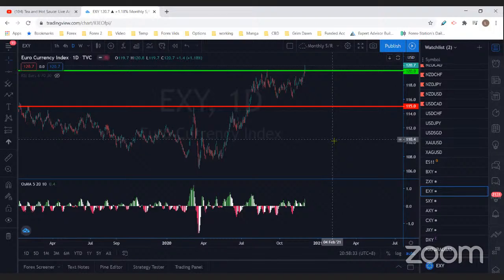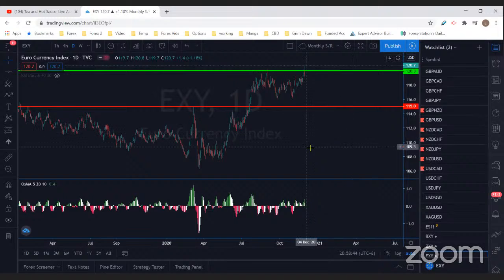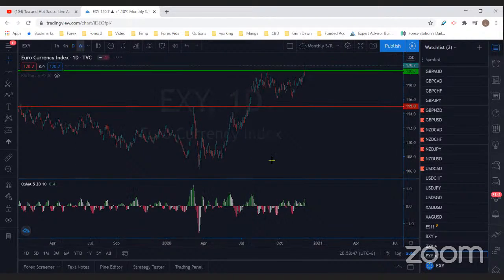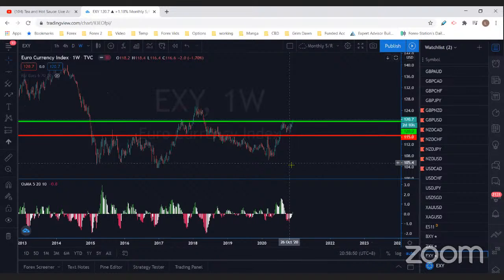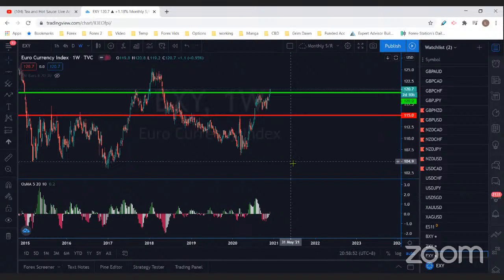Yeah, I agree with you that it's high risk, and I haven't seen that euro currency index chart. Now that you showed me that chart, I'm gonna be more careful with that trade. In the sense that it's looking super bullish.